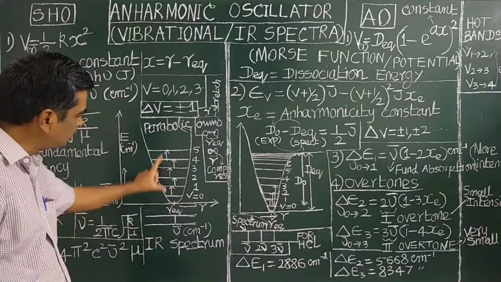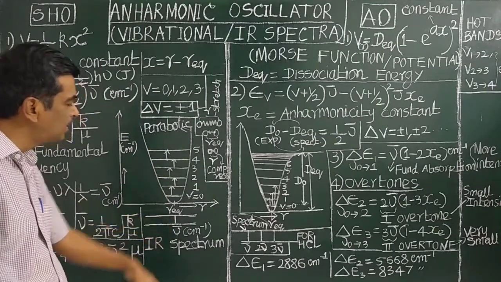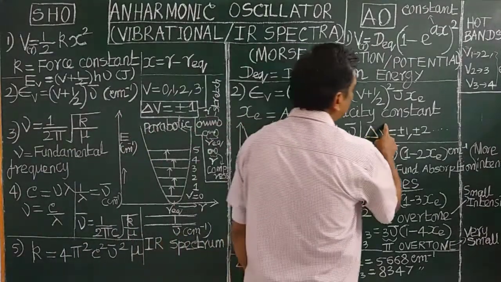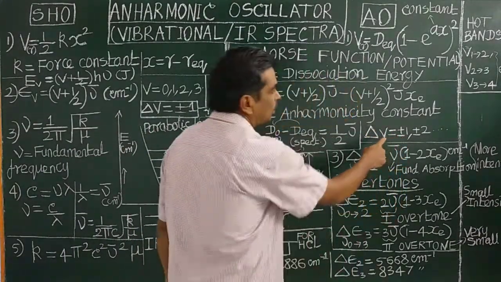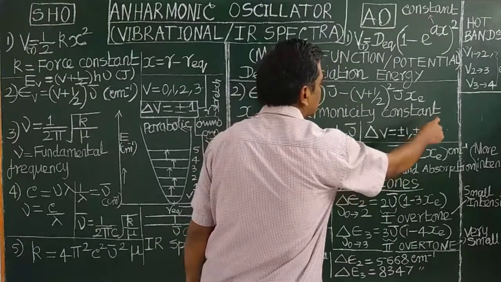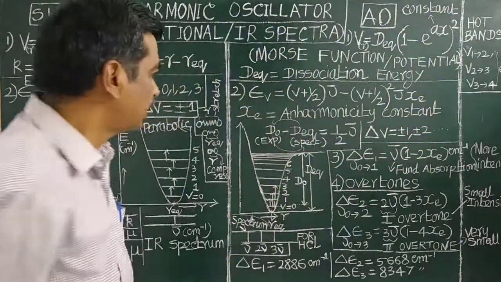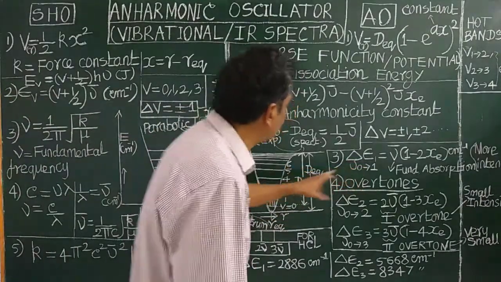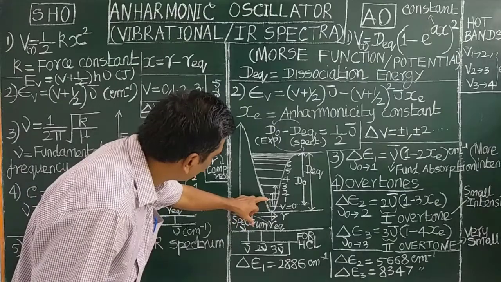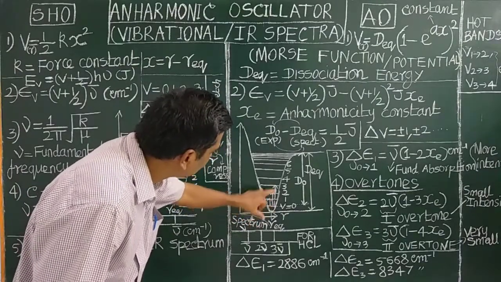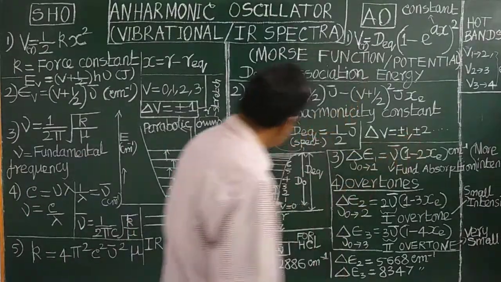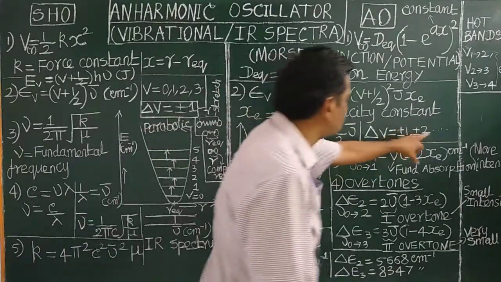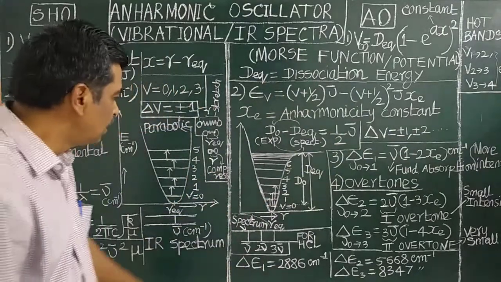The energy gaps are constant, therefore only one spectral line is observed, whereas here the selection rule followed is delta v equal to plus or minus 1, plus or minus 2, plus or minus 3, etc. For example, 0 to 2 means plus 2, and 2 to 0 means minus 2.